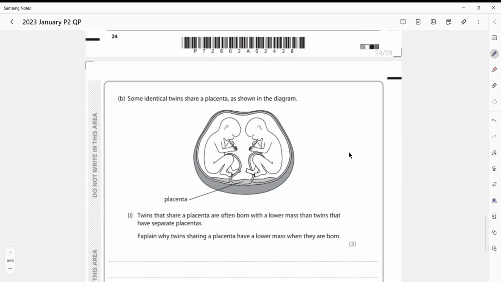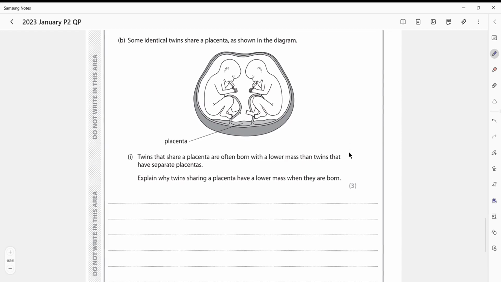All right, let's move on to part B. Some identical twins share a placenta, as shown in the diagram. Twins that share a placenta are often born with a lower mass than twins that have separate placentas. Explain why twins sharing a placenta have a lower mass when they are born. So the function of the placenta is for exchange of materials.